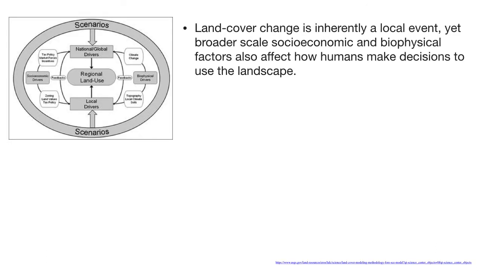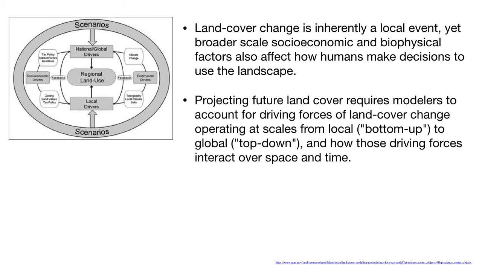Land cover change is inherently a local event, yet broader-scale socioeconomic and biophysical factors can also affect how humans make decisions to use the landscape. Projecting future land use requires modelers to account for driving forces of land cover change operating at scales from the local to the global, and how those driving forces interact over both space, geography, and time.